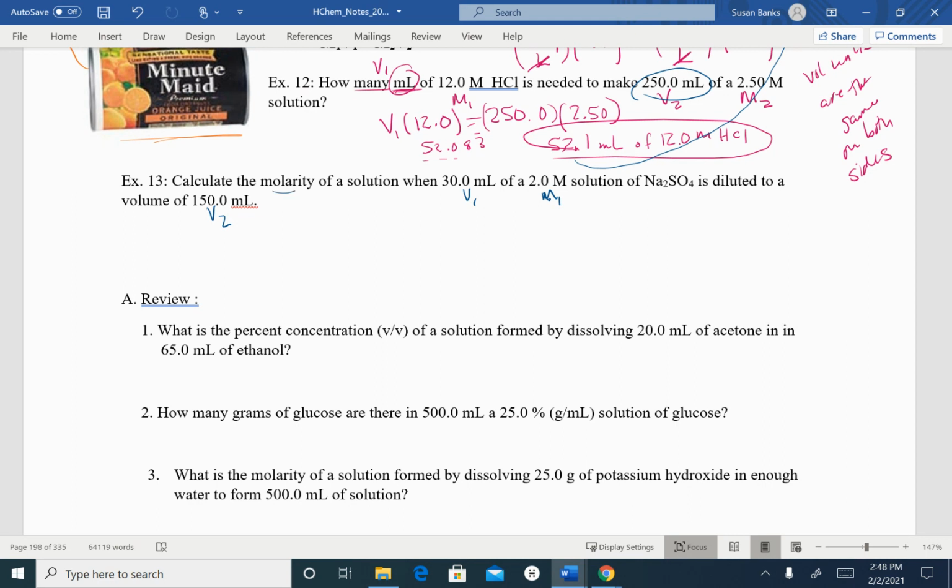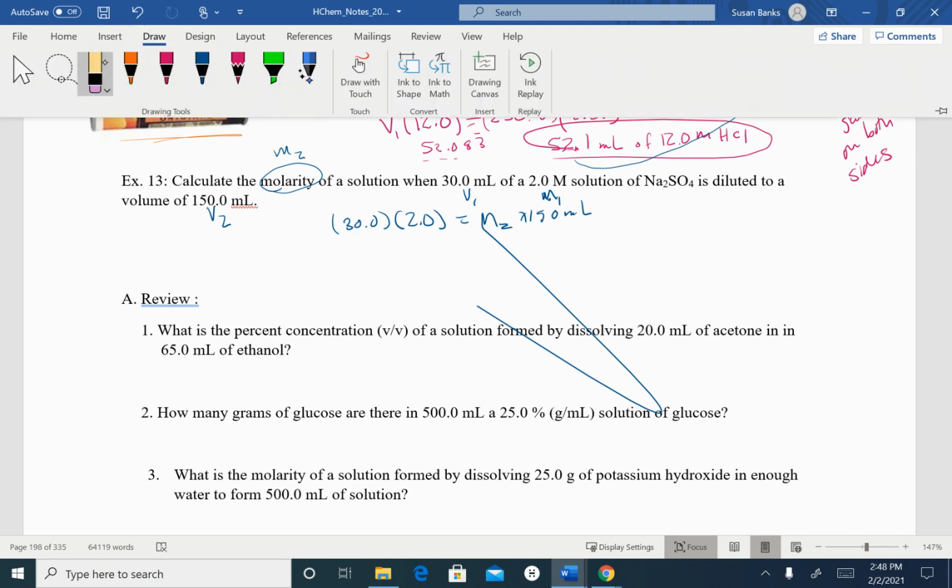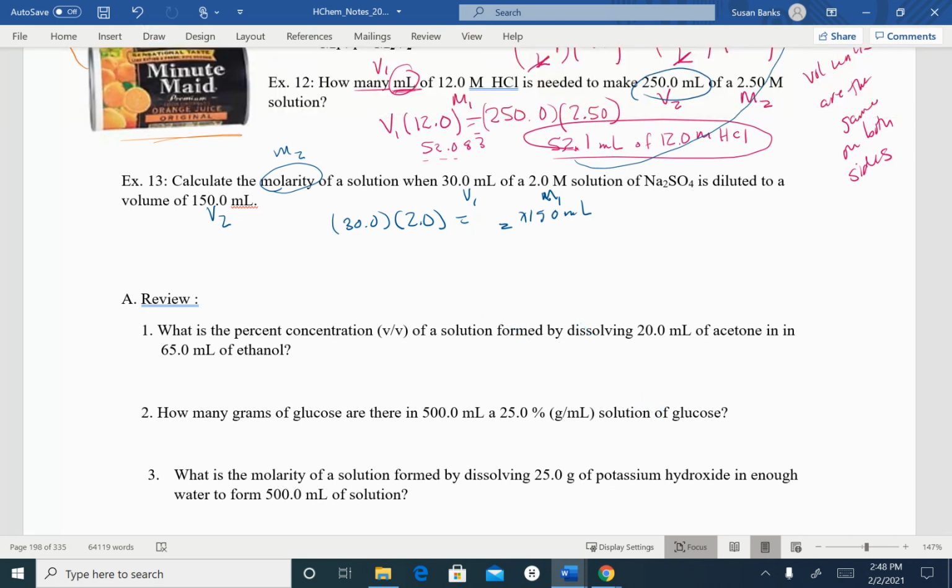So we're calculating our molarity. So we're calculating molarity 2. So V1 times M1, so 30 mils times 2.0 is equal to my M2 times 150.